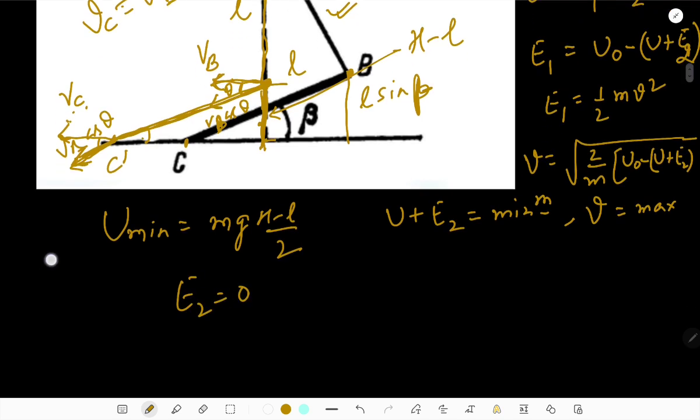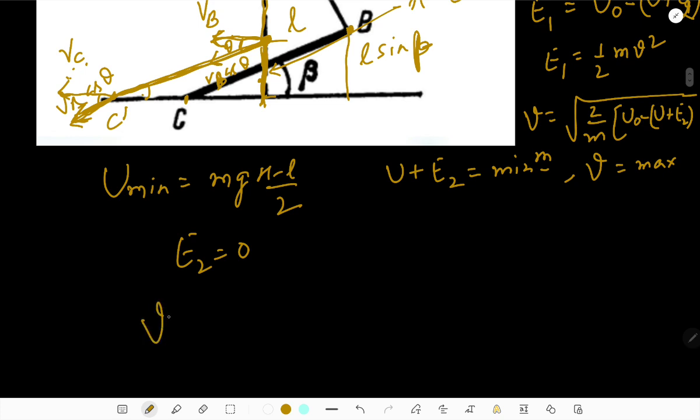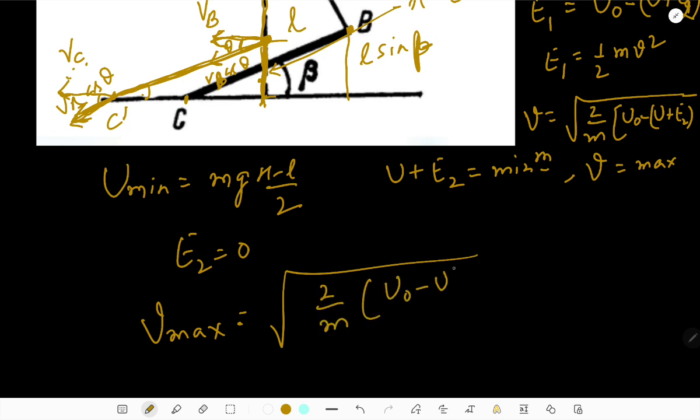And so I would like to write the maximum velocity of the stick as square root of 2 by m times (u naught minus u). This is u, that means if I clarify it more, that is u minimum, and E2 is 0 here.